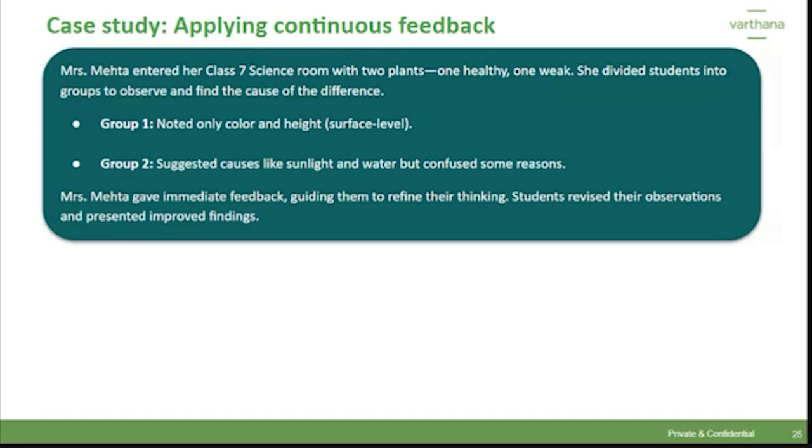Means they have some idea about the photosynthesis process, but in the end they have some confusion regarding the reason. So here Mrs. Mehta gave immediate feedback to the group one students and to the group two students: what they did well, what they are doing wrong, what the area of improvement is, what mistakes they are making. So the students go and revisit their process, revisit their understanding.